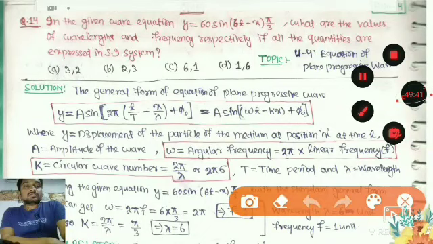So here I put a, and in the case of 2 turns, I put a by 2.